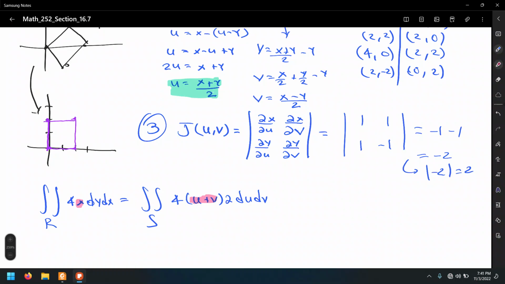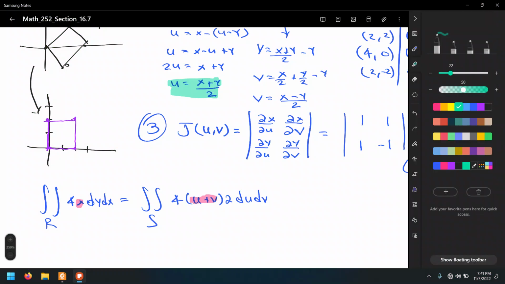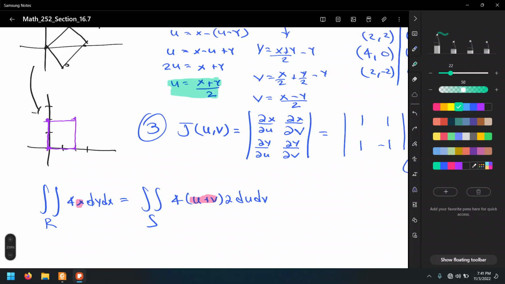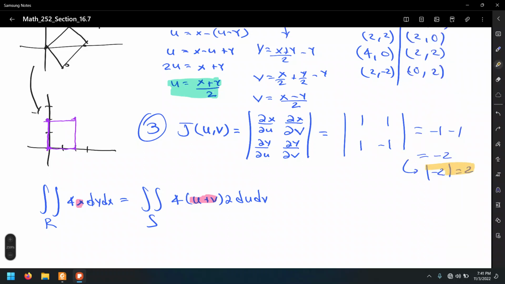All right, which is, let me also highlight that part in a different color. This one right here. And that'll become 8 times. So 4 times 2, that makes an 8 outside of the double integral.